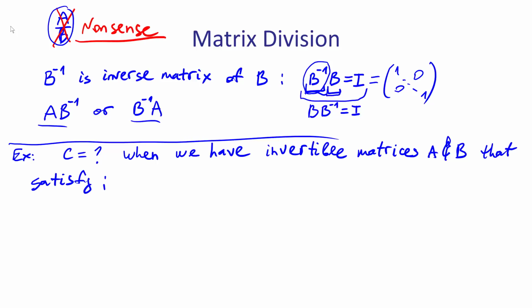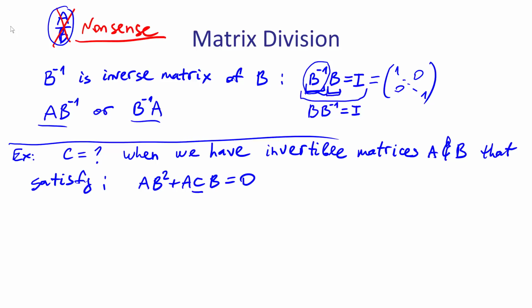The equation looks like that. Let's say AB squared plus ACB equals 0. So you want to find C out of that equation.